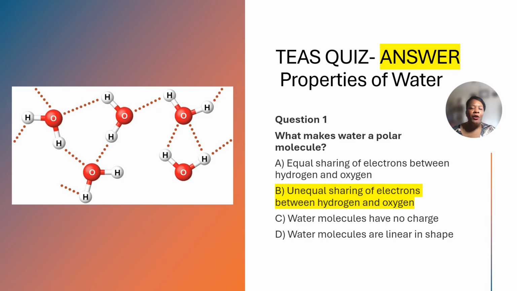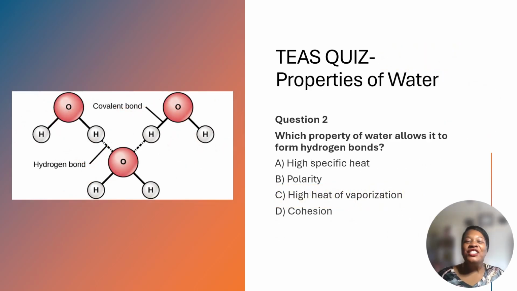If you think about water molecules having no charge, we know that is also incorrect because there is a charge between hydrogen and oxygen molecules. And for letter D, where it says water molecules are linear in shape, that is also incorrect. Water molecules are actually bent in shape.